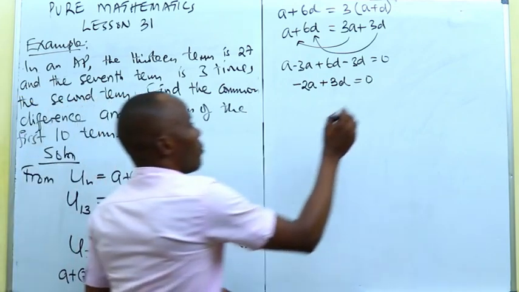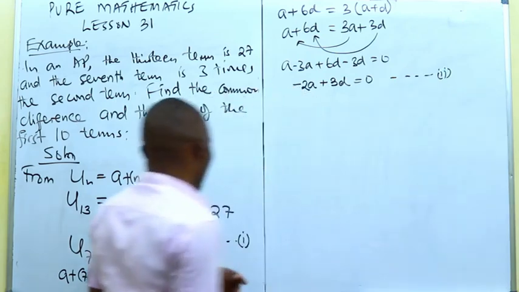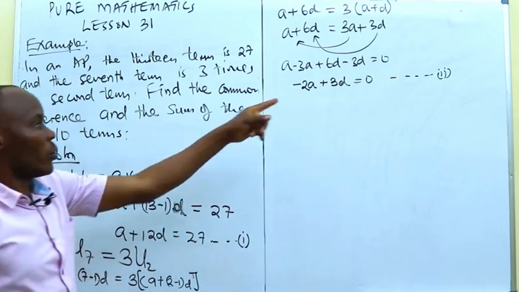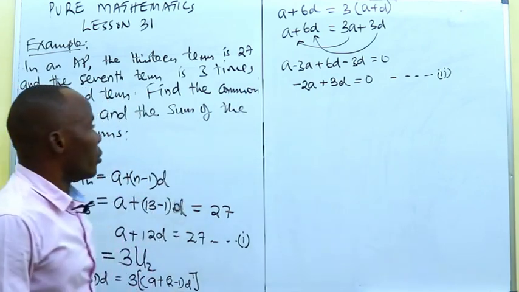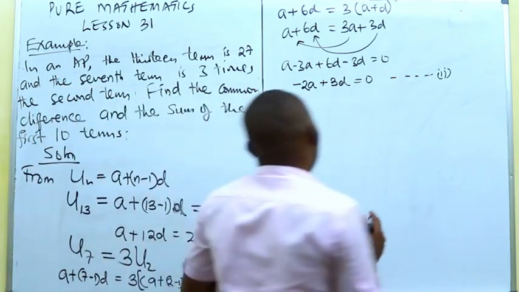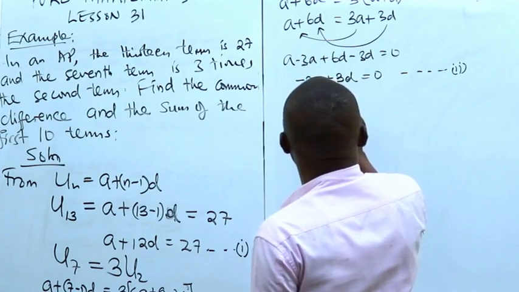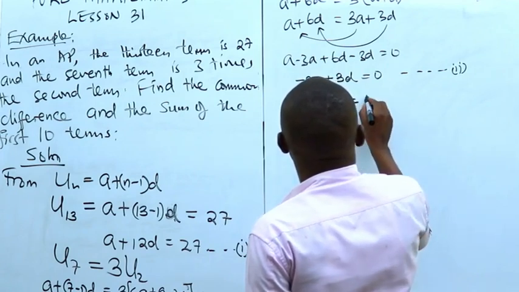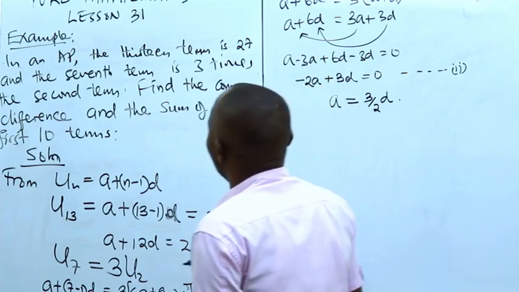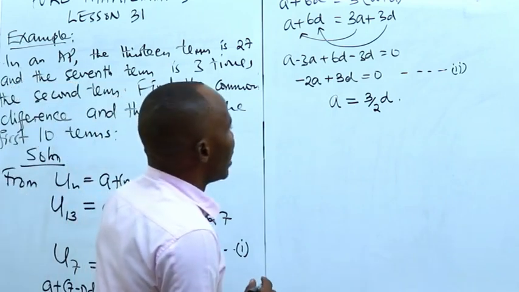Remember, we had another equation in both a and d. That was our equation 1. It is here. So our equation 2 is there. You can make any of those two unknowns the subject. From here, for instance, if I make a the subject, I have a is equal to 3 over 2 d.